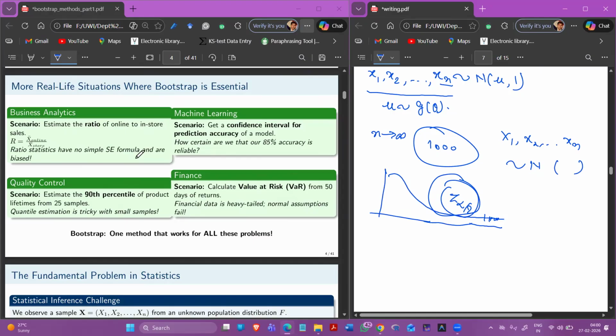So you cannot use the MLE or the asymptotic theory here. And you don't have the samples; you cannot collect samples again and again for a particular scenario. So bootstrap is one method that works for all of these problems.